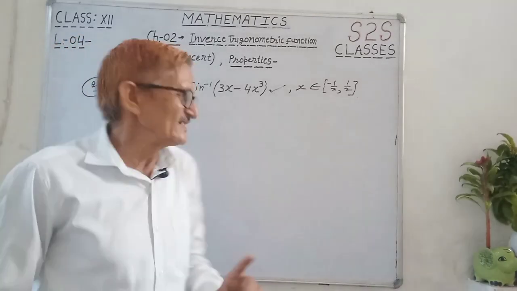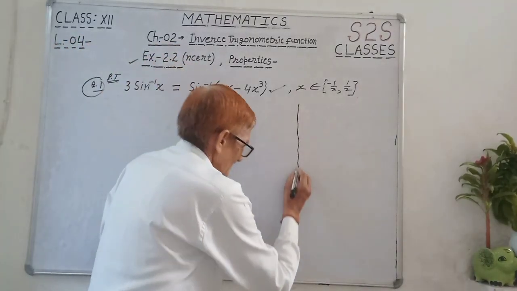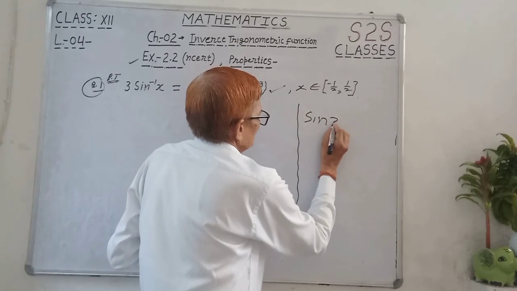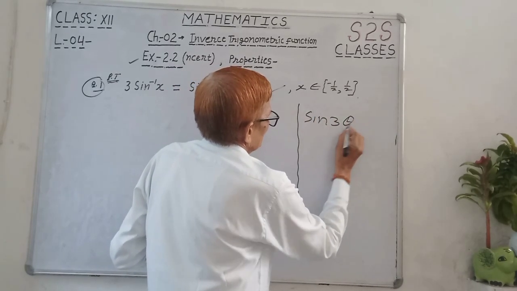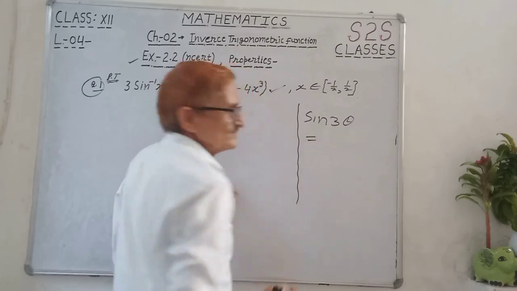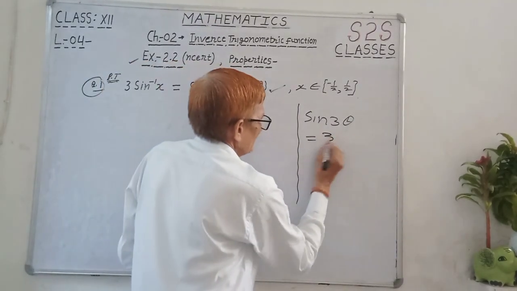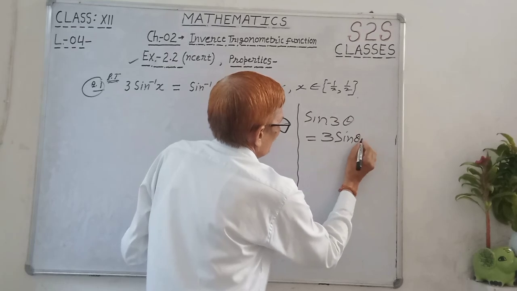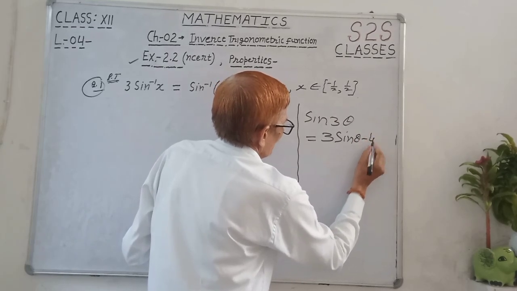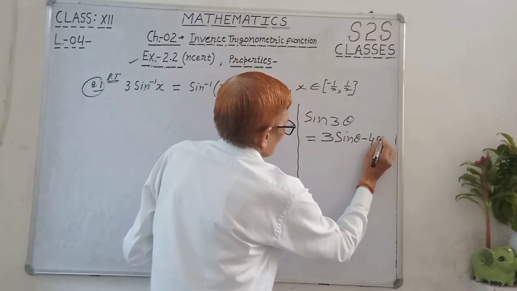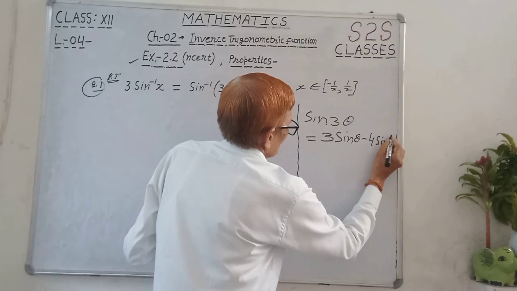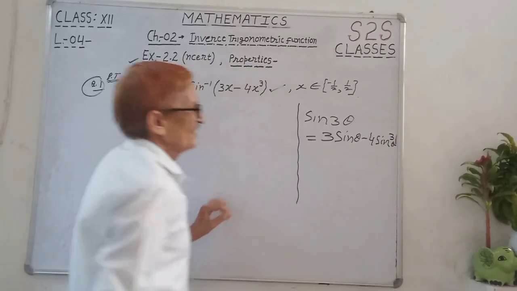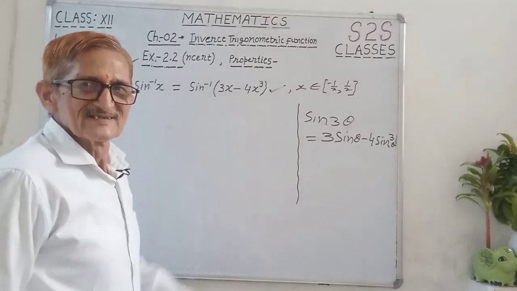What is the formula of sin 3 theta? You have read it in plus 1: sin 3 theta is equal to 3 sin theta minus 4 sin cube theta. Remember this formula.